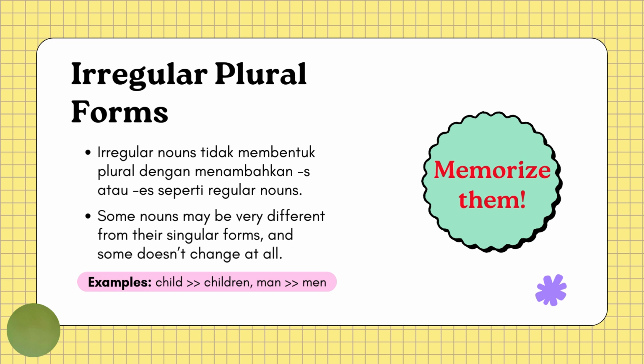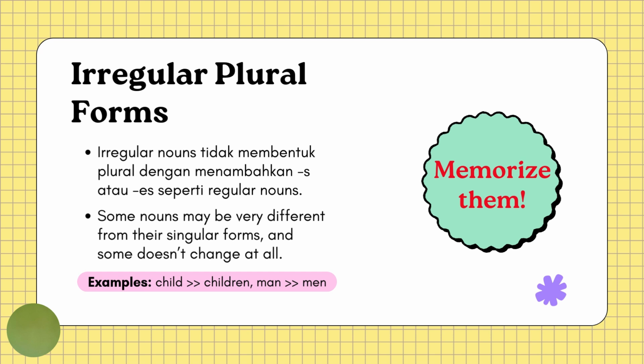After regular, we have irregular plural forms. Okay, this is one of the top subtopics that you will learn for today. It's irregular plural forms. Irregular nouns. I'm sorry, I forgot to change it to English. Tidak membentuk plural dengan menambahkan s atau es seperti regular nouns. Yeah.